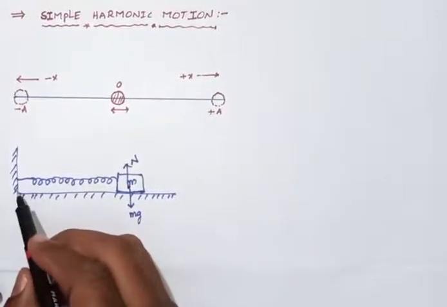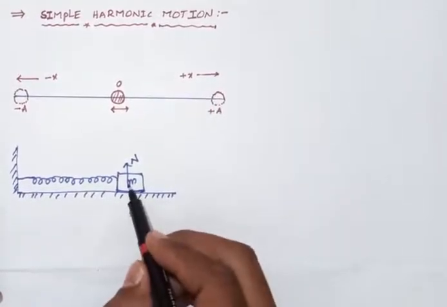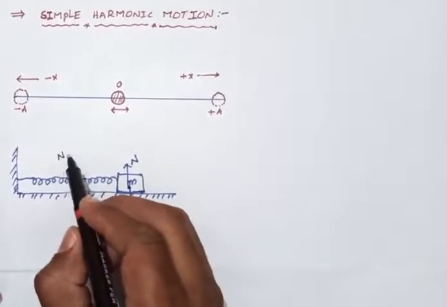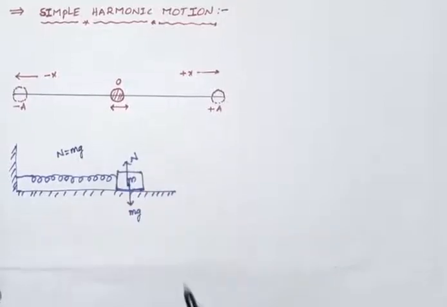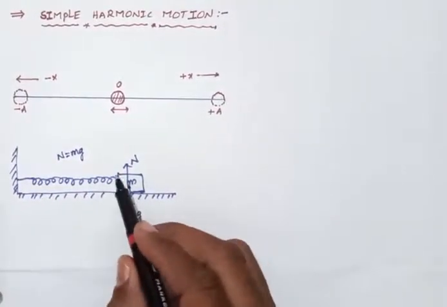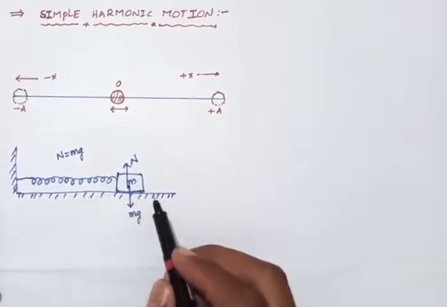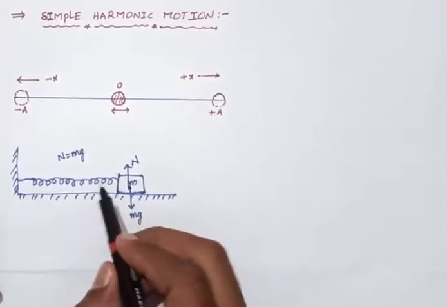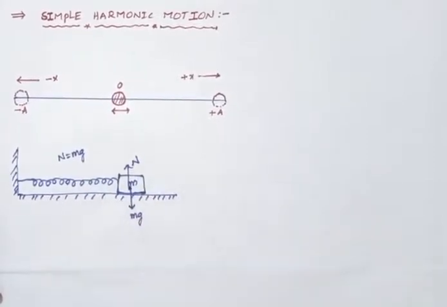At the mean position it is constant because N equals mg. At N equals mg, it is the equilibrium position, so there is no displacement of the spring.